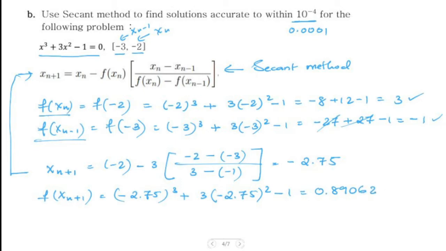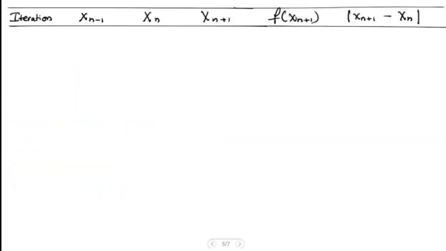Okay, so now let's put all these values in our table. I've drawn the table on the next page. This is what we were working on, iteration 1: our xn minus 1 value was minus 3, xn was minus 2, xn plus 1 that we found was minus 2.75, and f of xn plus 1 that we found just now was 0.890625.